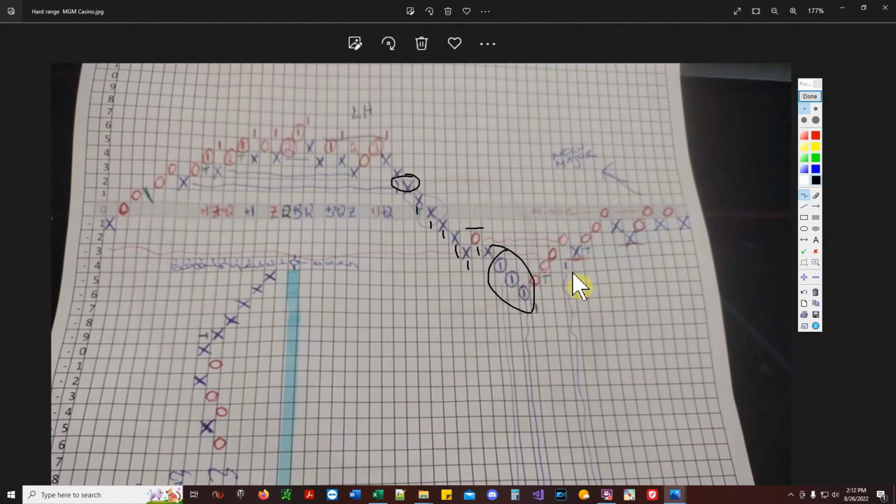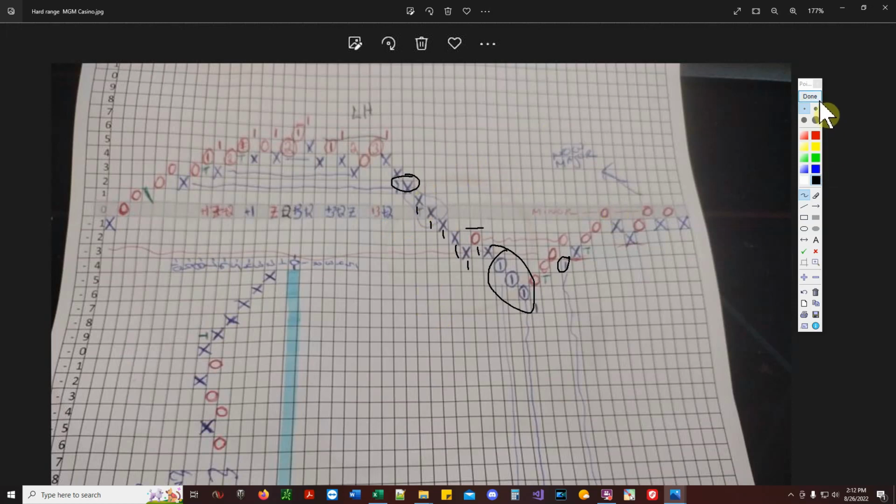And that was it. Tried to anticipate a bet here. That was it. I actually ended up with +5 on this shoe. I don't think I did any more on this shoe.